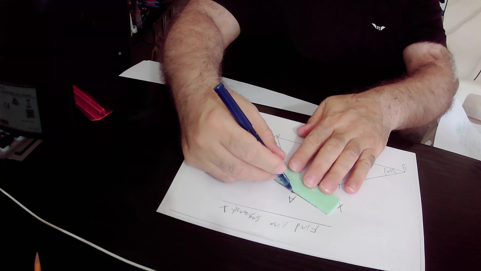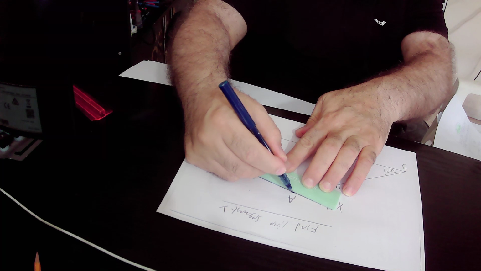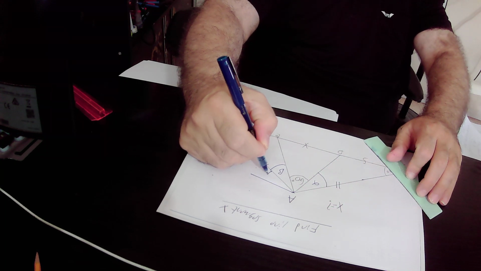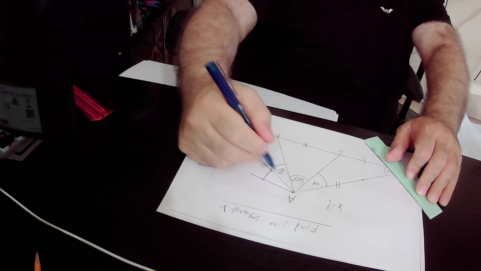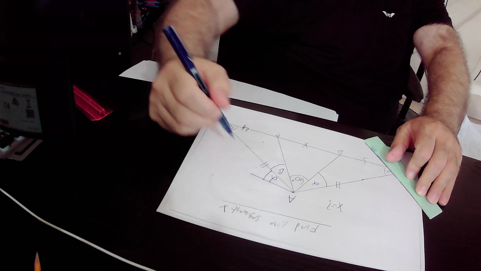So actually this angle, the angle between the straight line and side AC, equals alpha according to our construction.